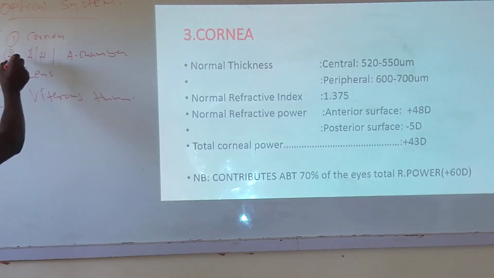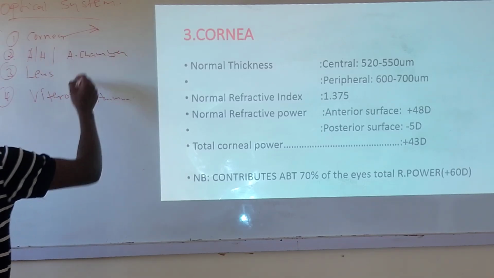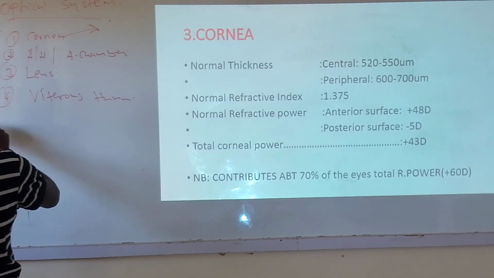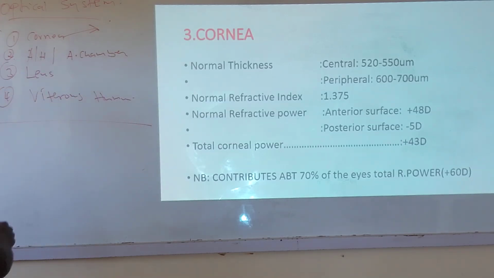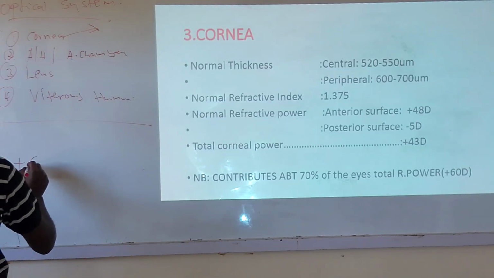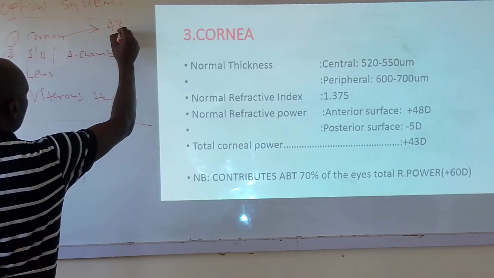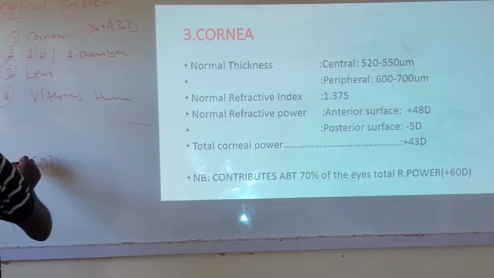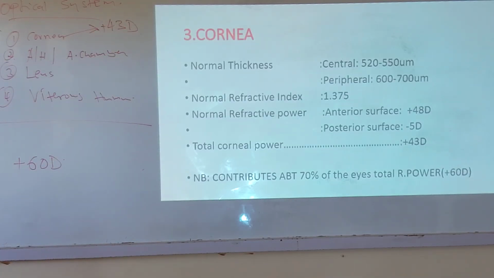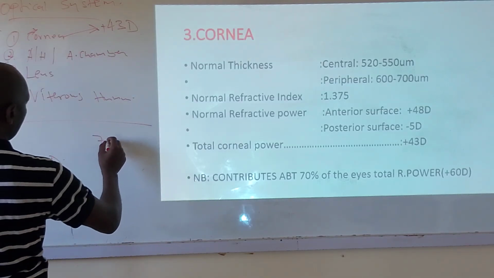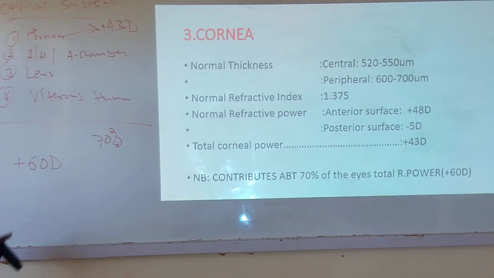So of these structures, the cornea is the one that has the highest power. The total refractive power of the eye is about 60 diopters. So out of the 60 diopters, the cornea contributes about 43 diopters. So that's why we are saying the cornea represents about 70% of the total refractive power of the eye.